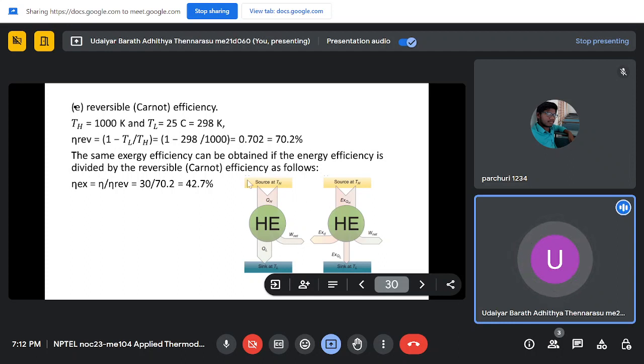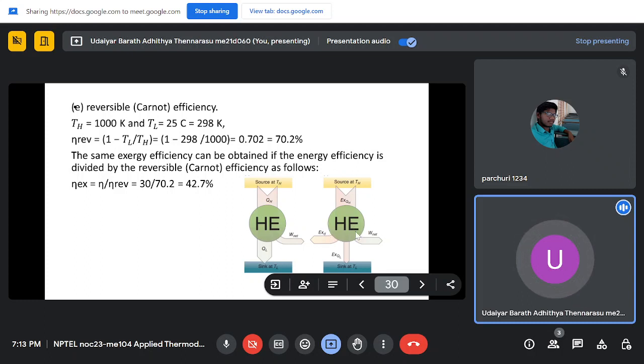I've given this diagram comparing both. This is the first law diagram. You have QH, heat coming in, and W net going out, and QL is the heat rejected. In the second law diagram, there's exergy coming in with the heat transfer QH, some exergy lost because of heat transfer to the ambient, W net is the work you are getting, and there's also exergy destroyed.